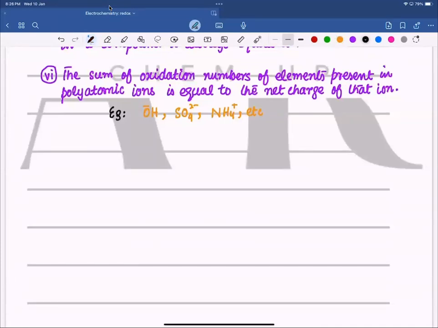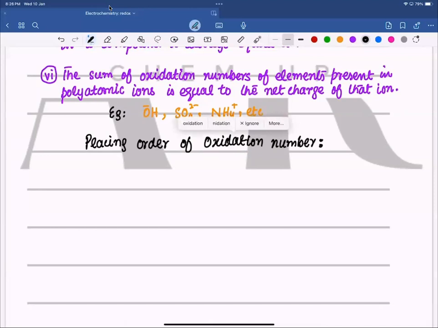Now, after this, you have to know and keep this placing order in mind, that when you are going to place the oxidation numbers of the elements in the compound or in a polyatomic ion, you always follow this order, that is, which element you will put its oxidation number first and for which one you will put its oxidation number later.